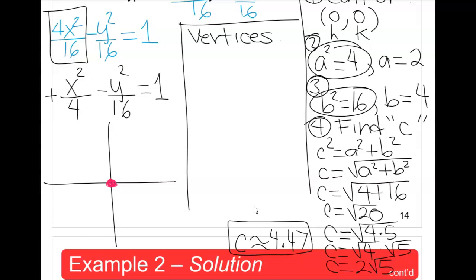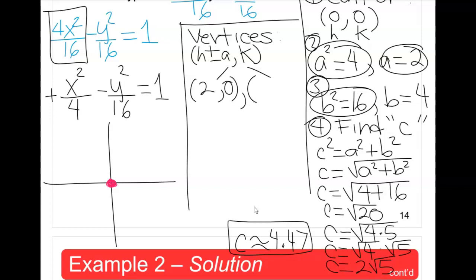Now, for the vertices, we are going to use the formula that says h plus or minus a, comma, k. So what does that mean? That we have two of them. We have 0 plus the value of a, which is 2, so that's just 2, comma, the value of k, which is 0. We also have h minus a, which will be 0 minus 2, which is negative 2, comma, the value for k, which is 0.